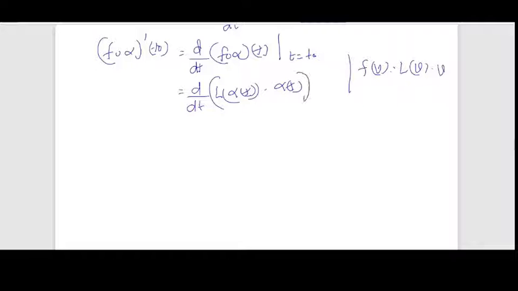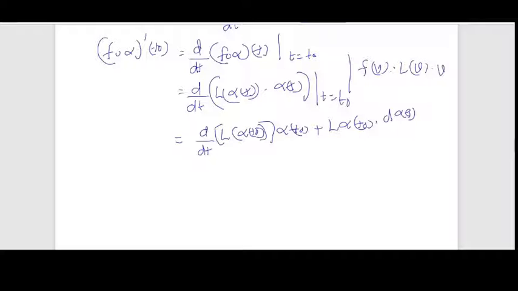This is at t equal to t naught. Differentiating, we get d by dt of L of alpha of t naught dot alpha of t naught, plus L of alpha of t naught dot d alpha of t by dt at t naught.